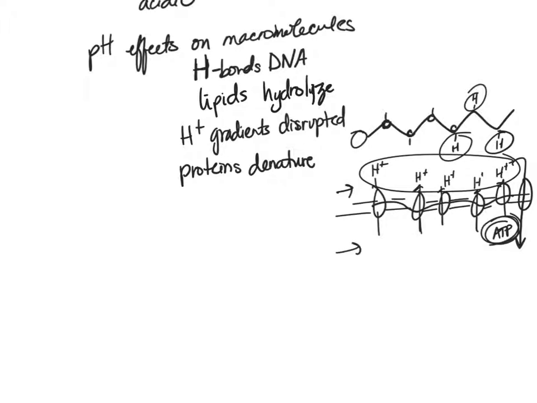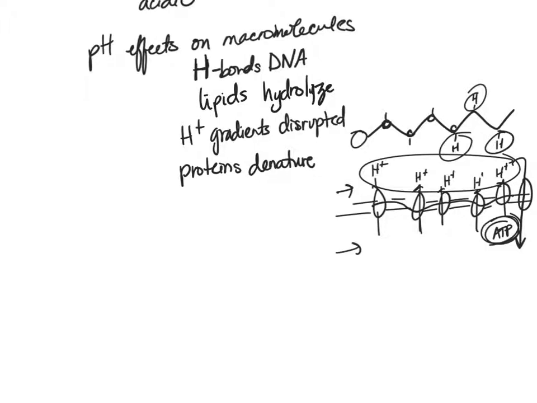Those individual amino acids have different charges on them, and an increase or a decrease in hydrogen ions is going to affect very greatly the charges on those amino acids. And then that's going to unravel our proteins. If we unravel our proteins, then those enzymes are no longer effective.